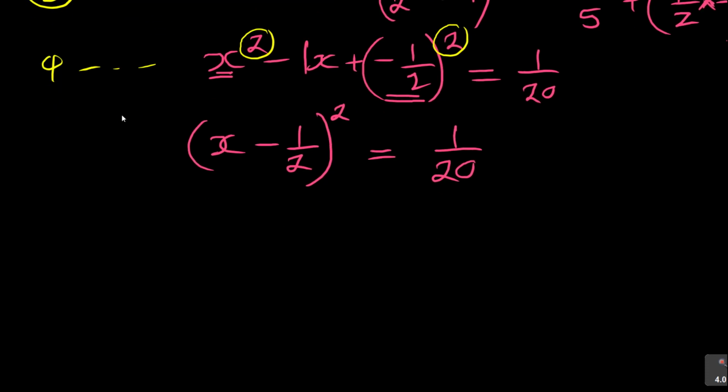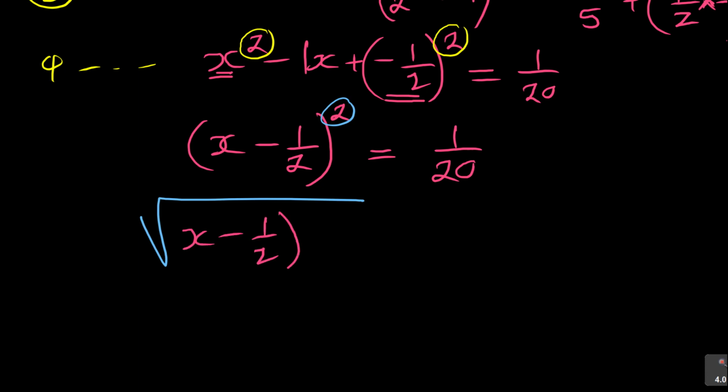So now, remember you are solving for x, and remember how to get rid of that square. You square root. So what do you square root? X minus 1 over 2 squared. What you do on the left, remember what I told you, you do on the right, but you say plus or minus, and then you've got the square root of 1 over 20. Don't forget the plus or minus.